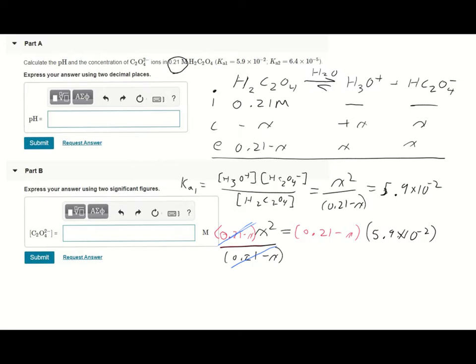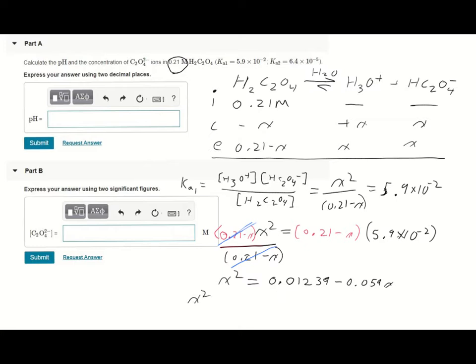So that gives me x squared equals 0.01239 minus 0.059x. Now I've got to bring it over to the other side.